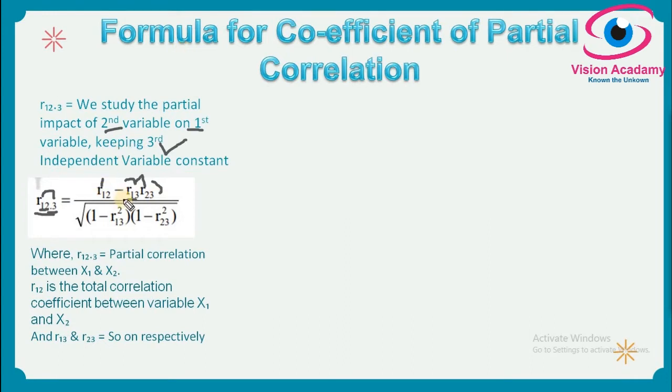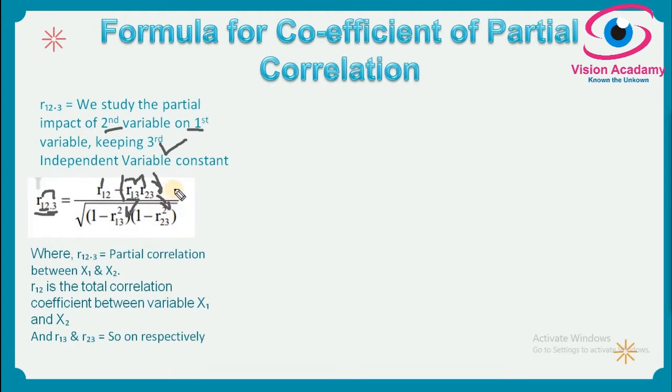Only 3 combinations are possible, R12, R13, R23, with the 1, 2, 3 variables. For the denominator, ignore this R12. The remaining portion goes to the lower side, that is 1 minus R square 13. This 13 will be used in the denominator firstly, and 2, 3 will be used secondly. This you need to understand very logically.